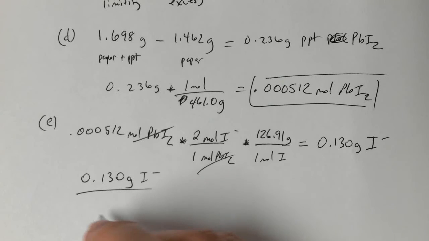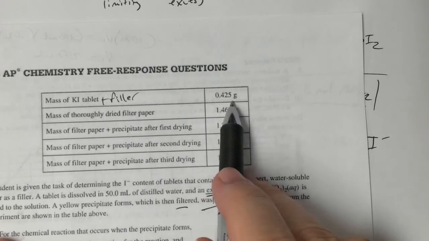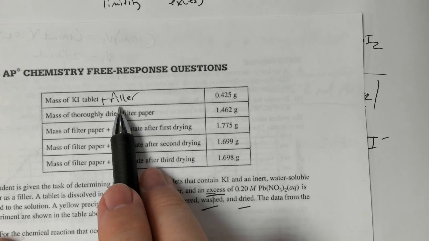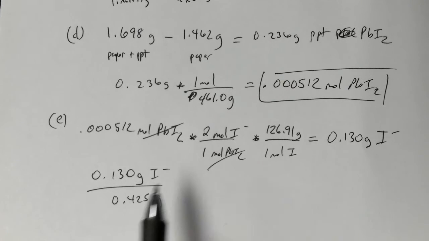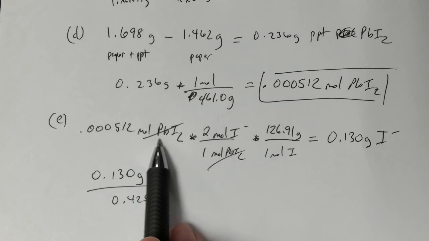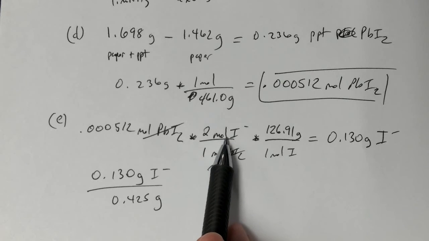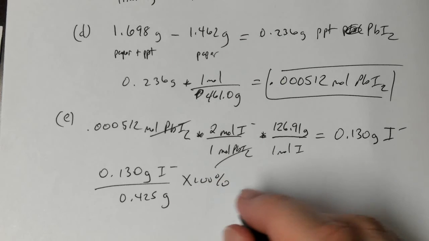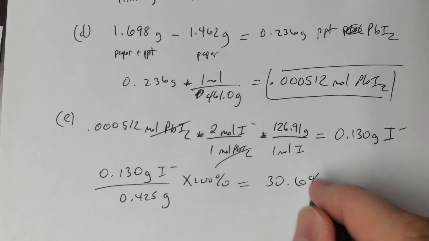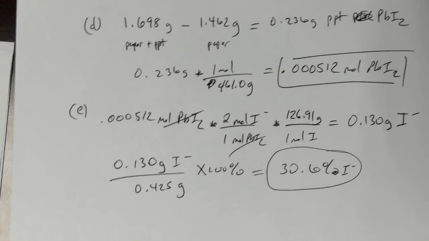The original tablet had a mass of 0.425 grams. Remember, it's got some filler in it too. And so we just used stoichiometry to figure out of this entire mass of lead-2 iodide, all the iodide came from the tablet. So we just found out how many moles of iodide that was and converted it to grams. And so to 100% here, 30.6% iodide. That's how much was in the tablet.